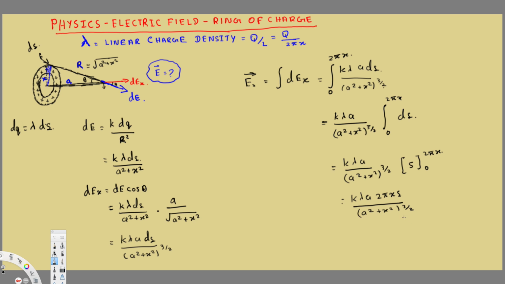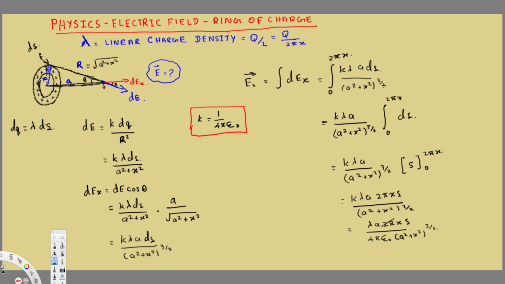Now here I can do one thing: k is equal to 1 over 4 pi epsilon. So I can use this to simplify a little bit. If I replace this k with 1 over 4 pi epsilon naught, I can cancel the pi. So lambda a 2 pi x over 4 pi epsilon naught (a square plus x square) to the power 3 by 2.